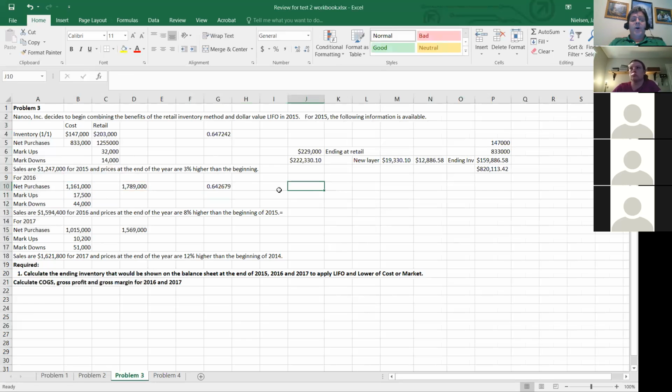All right, so now we need to go ending at retail. So we start with the beginning at retail, which is the year before. Okay, and then we have our net purchases plus our markups minus our markdowns minus our sales.